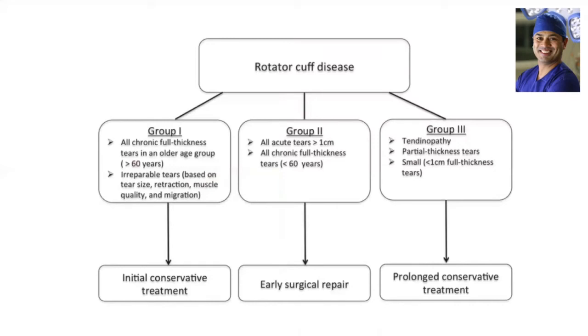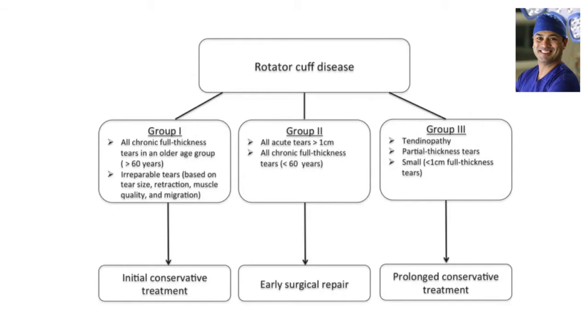So here's an algorithm, a simple algorithm, but this is an algorithm I use to treat rotator cuff disease. So the commonest group of people are the so-called group one. They're chronic, degenerative, generally atraumatic, no trauma, full thickness tears, and they tend to be an older age group.